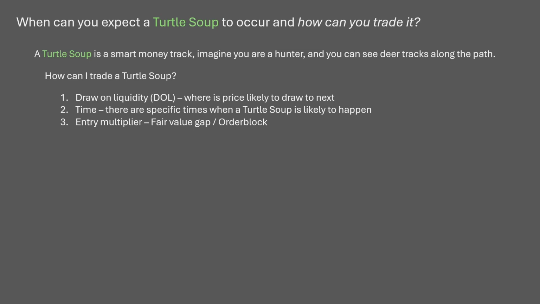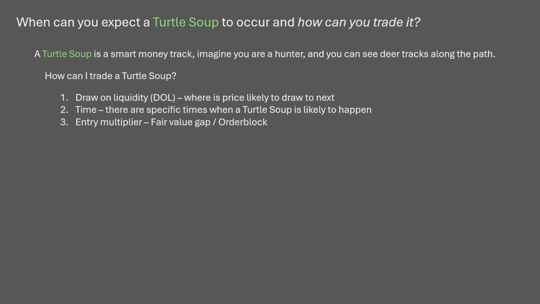Then you have to have time aligning. So the time at which you execute is extremely important, and there are specific times in the day when a turtle soup is likely to happen. After you have the time down, then you need to wait for confirmation that the turtle soup has happened. So you've seen the turtle soup, you've seen that old low get taken.